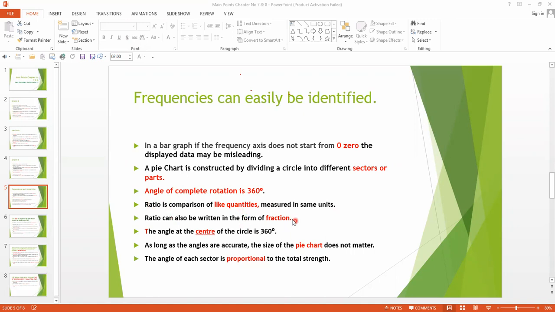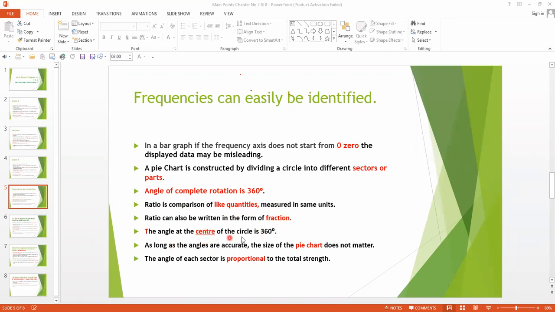Ratio is the comparison of like quantities measured in the same units. As you know, rate is the comparison between different quantities of different units. But in ratio, we have a comparison of like quantities, and in rate, a comparison between different quantities. Ratio can also be written in the form of a fraction.